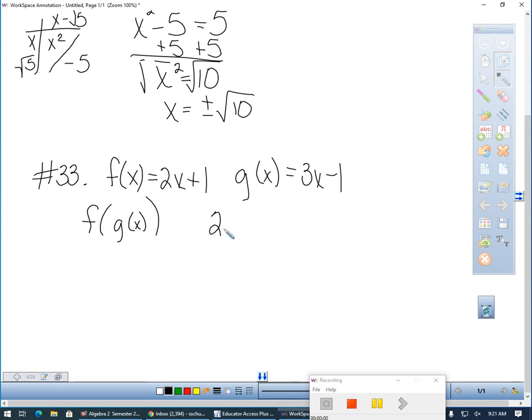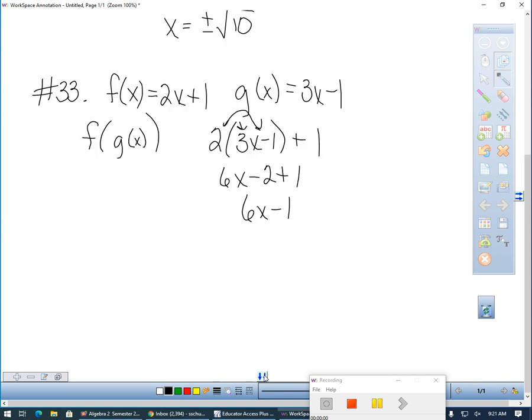So we have 2 times the g of x equation, 3x minus 1, plus 1, right where the x is, goes our equation. Now we distribute. 2 times 3x is 6x. 2 times negative 1 is negative 2, plus 1. And our final answer is 6x minus 1.